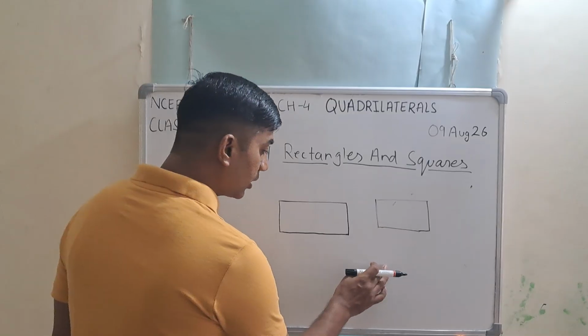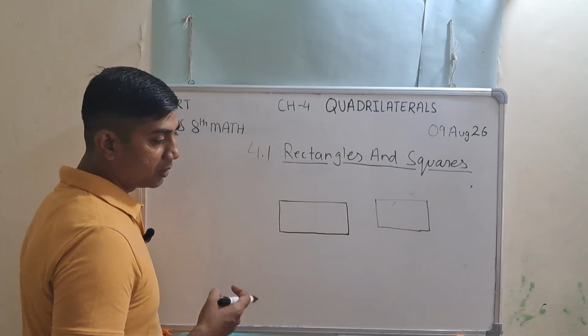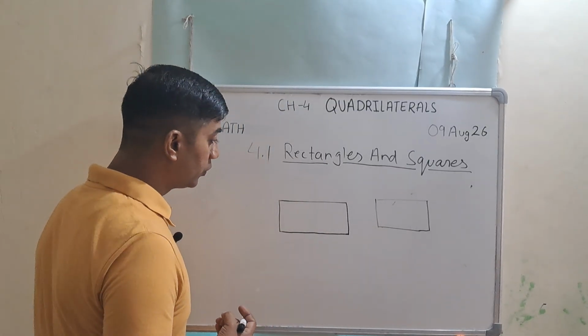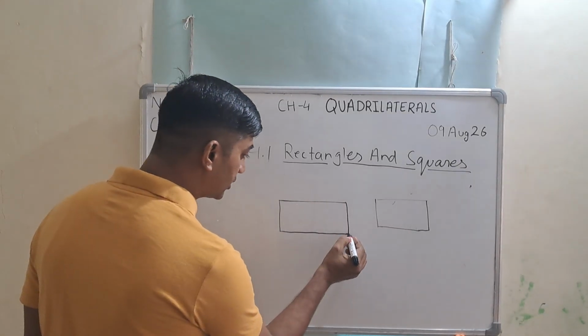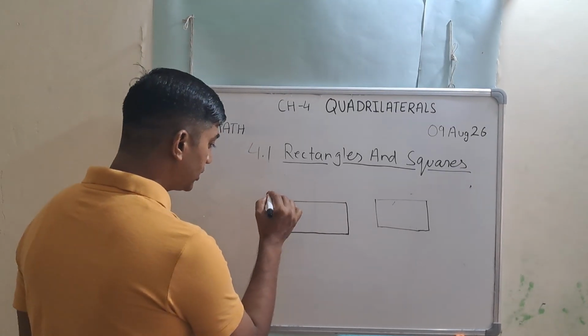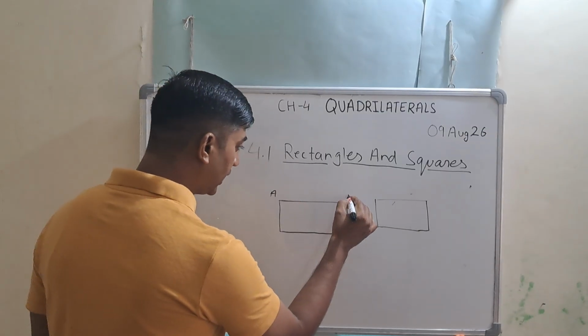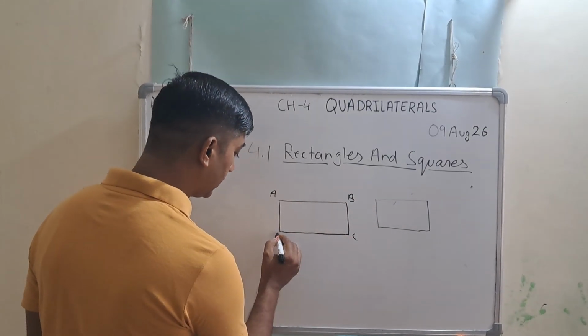To draw a rectangle, you need these 4 points. We can name these points A, B, C, D. Understood?